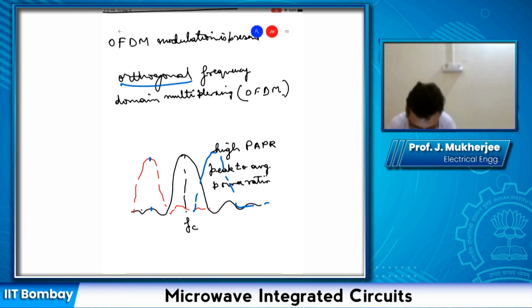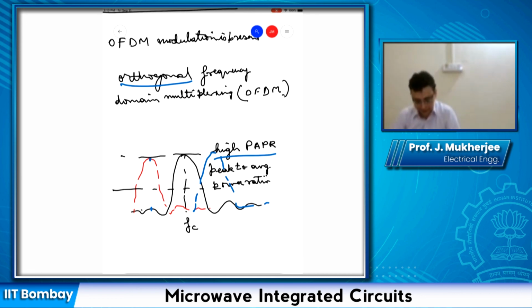But then the problem with OFDM is that because of this high peak to average power ratio, that puts a lot of pressure on the power amplifier, because the power amplifier has to amplify linearly both at the average power level as well as at the peak power level, and that's quite difficult.